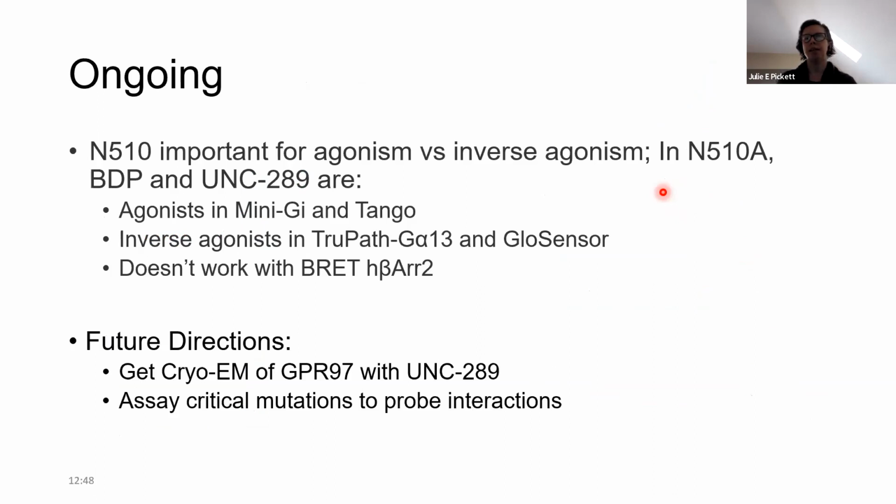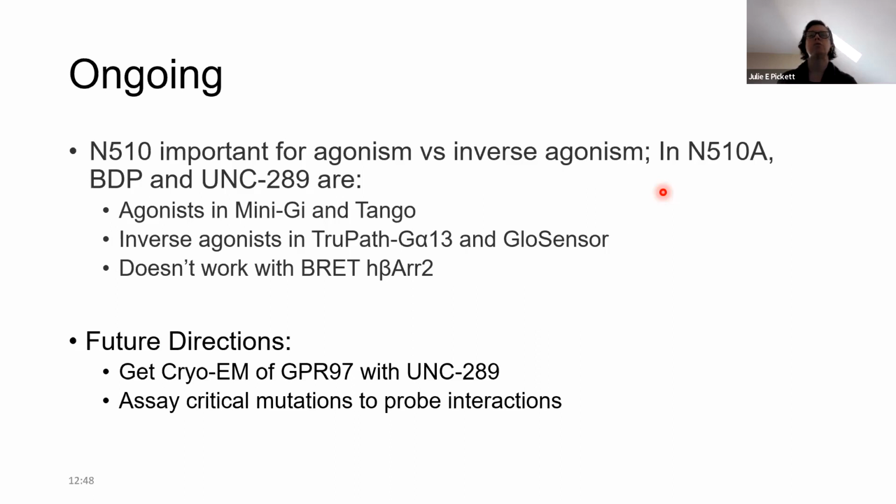They're inverse agonists in the TRUPATH assay with G-alpha-13 and in the GloSensor assay, as I just showed you. And the N510A mutant does not work with the BRET human beta-arrestin assay, whereas all the other mutants do. This still doesn't let us know exactly what is driving the positioning for 289.